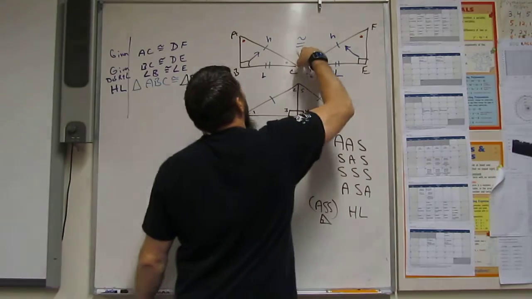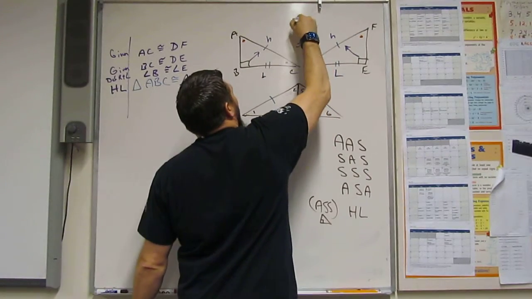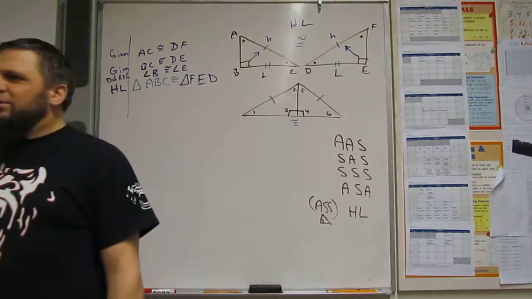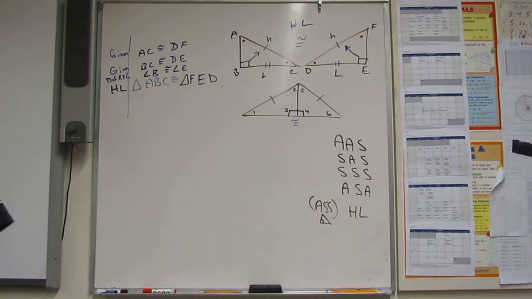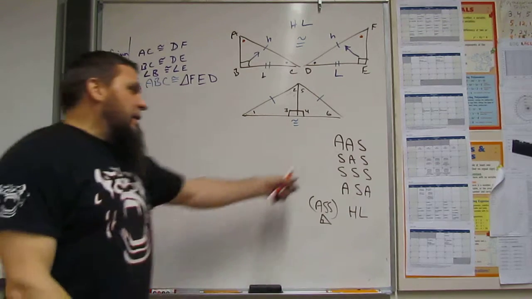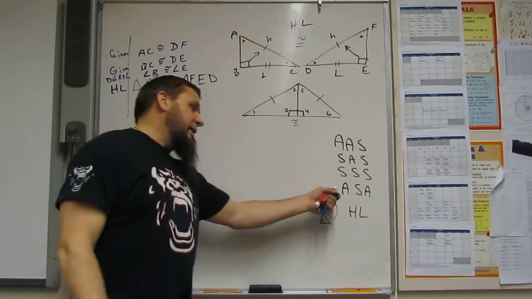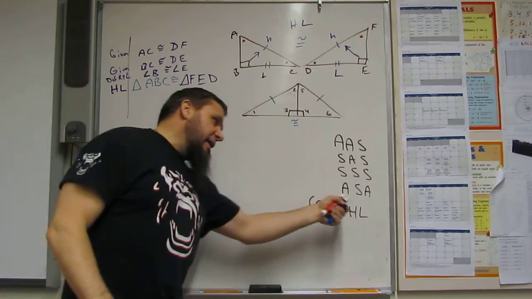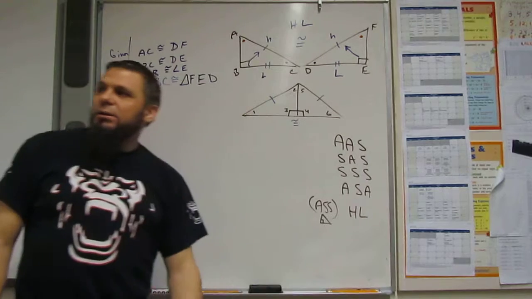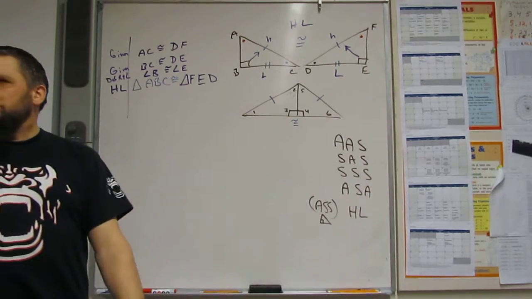Oh, yeah, they're congruent, HL. Or, no, they're not congruent. Right? They're either congruent by HL, AAS, SAS, SSS, or ASA, or they're not. Okay?